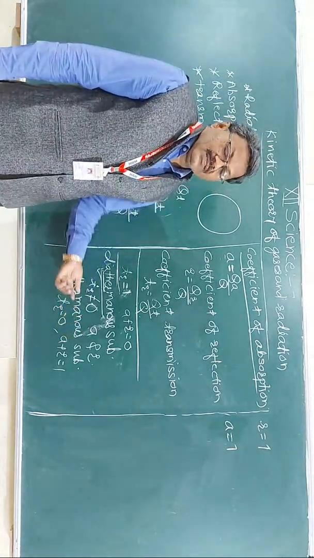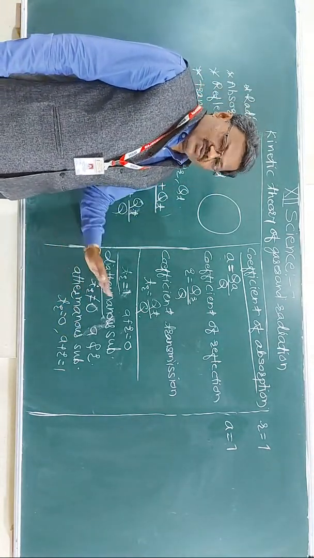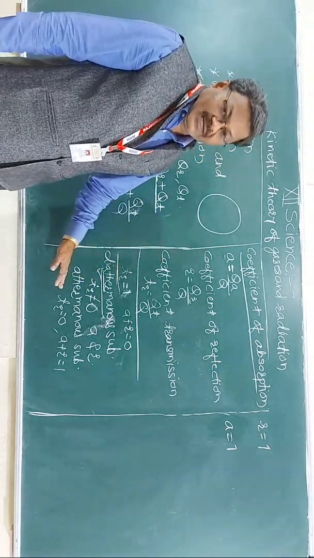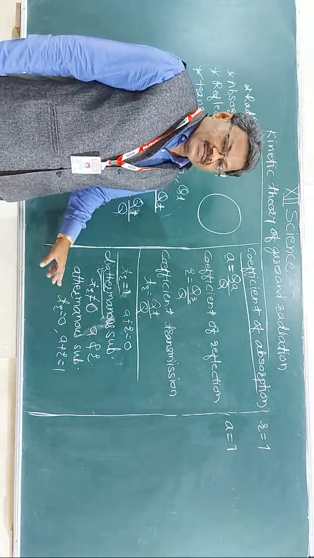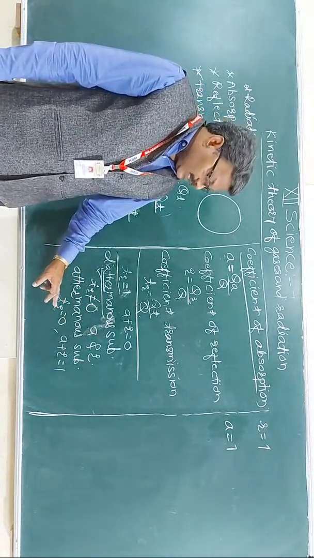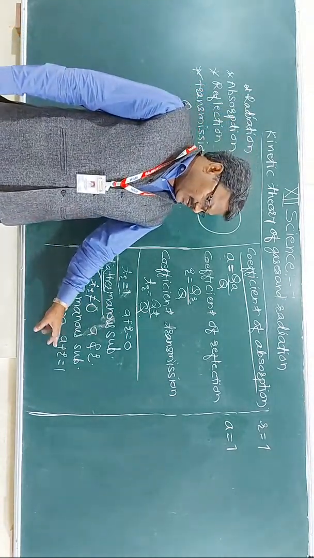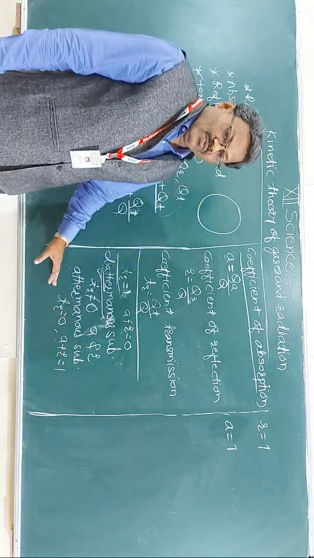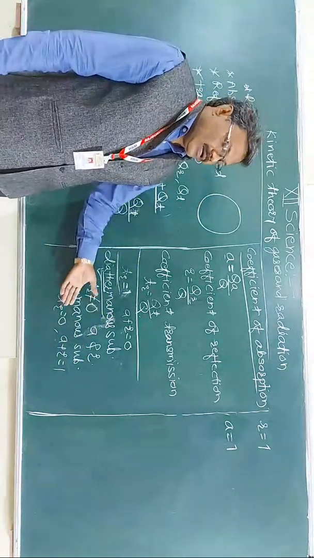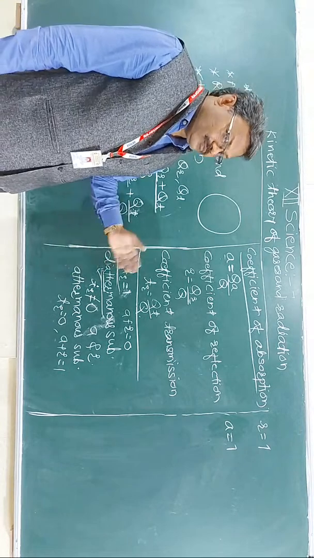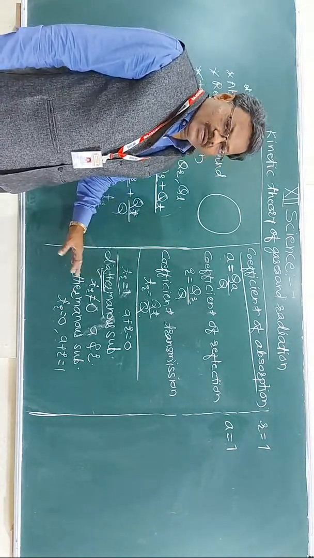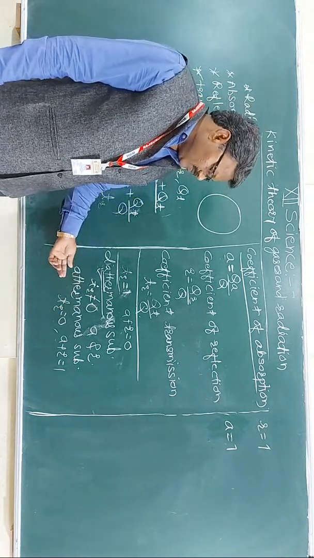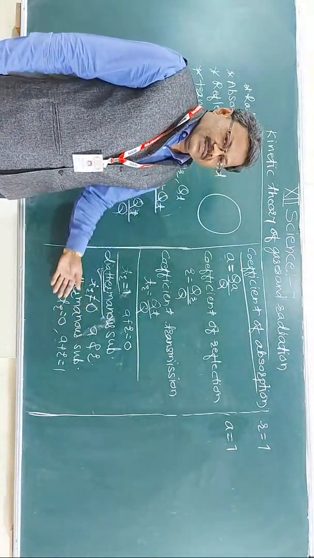Athermal substances are substances through which radiant heat cannot pass. In this case, TR is equal to 0, but A plus R is equal to 1. Examples of athermal substances are wood and water.